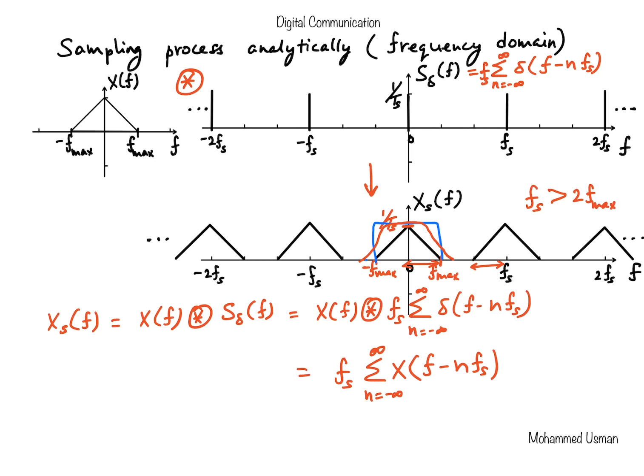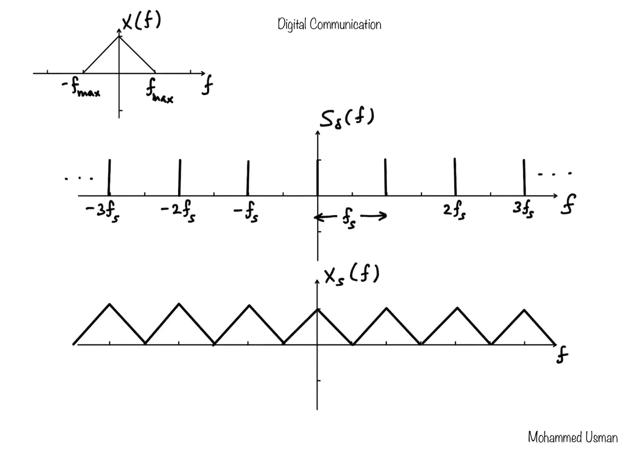Now if we look at the spectrum of the sample signal when we have the sampling rate exactly equal to the Nyquist rate, let's have a look at that. Here I have depicted the scenario where the sampling rate fs is exactly equal to the Nyquist rate. So here fs is equal to 2f max.